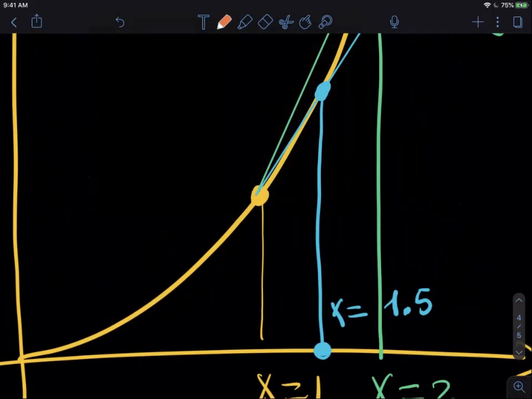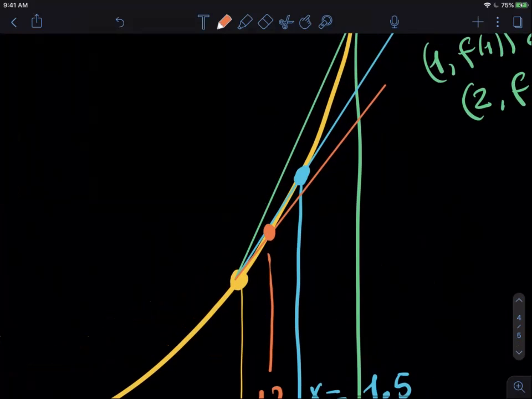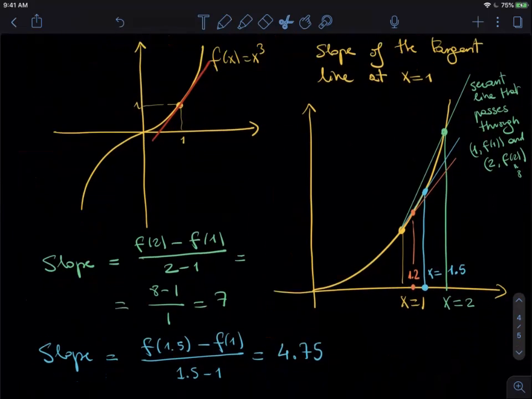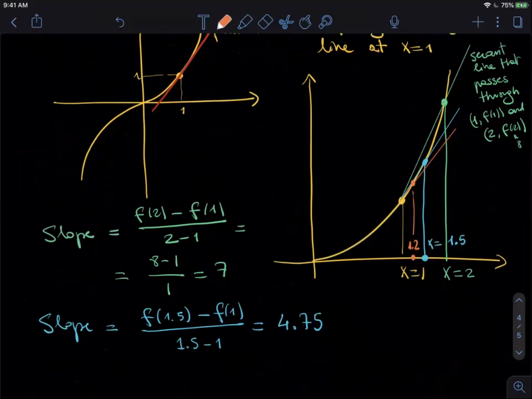Instead of 1.5, we can try 1.2. Okay, so if this is the second line, notice that when I look from farther away, it's already looking quite tangent.